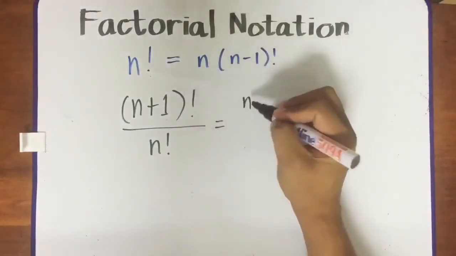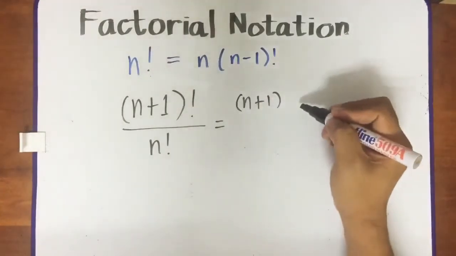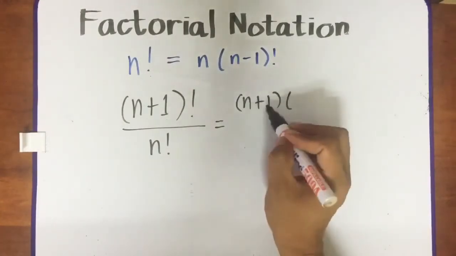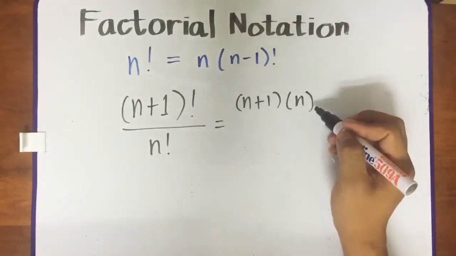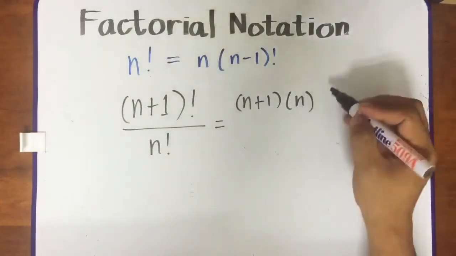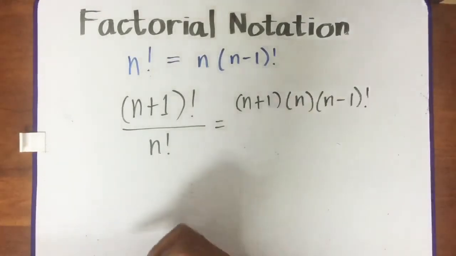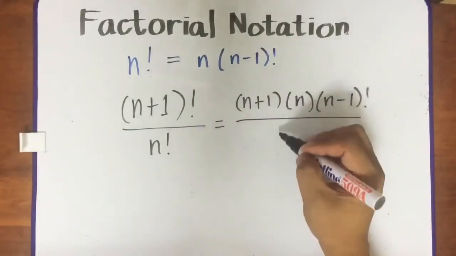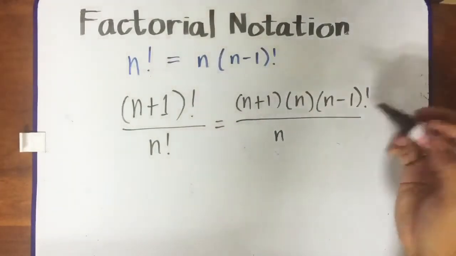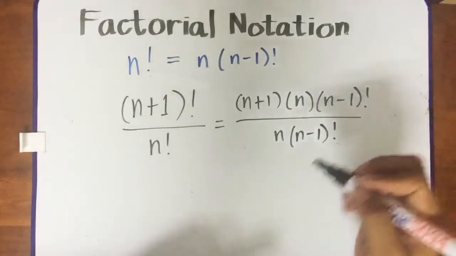But first, I need to write n plus 1, multiplied by n plus 1 minus 1, which is n. Then I'll have n minus 1, factorial, divided by n times n minus 1 factorial.